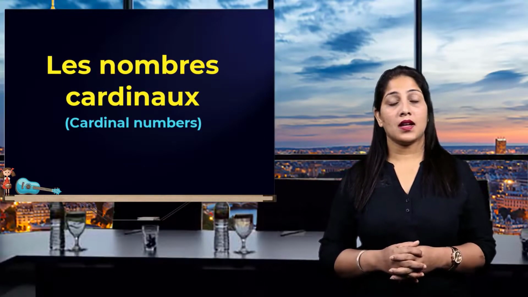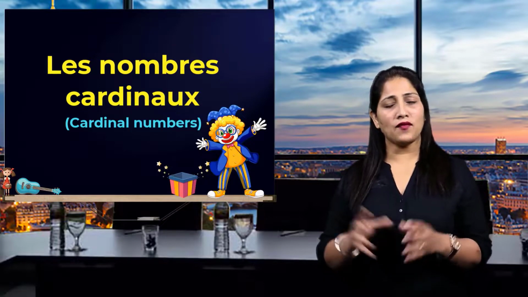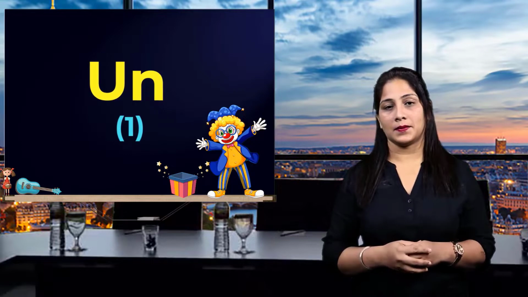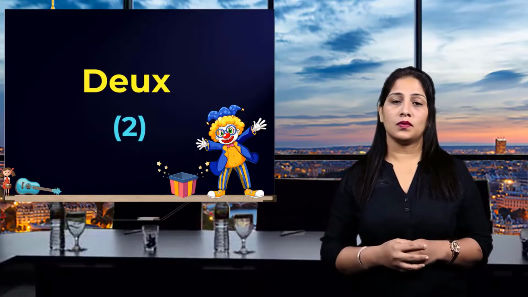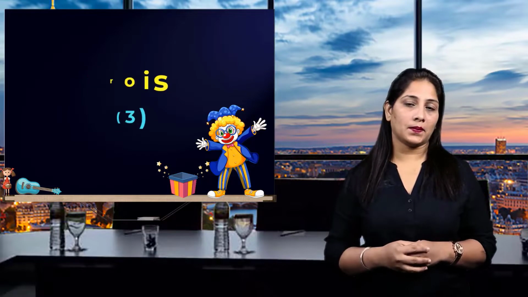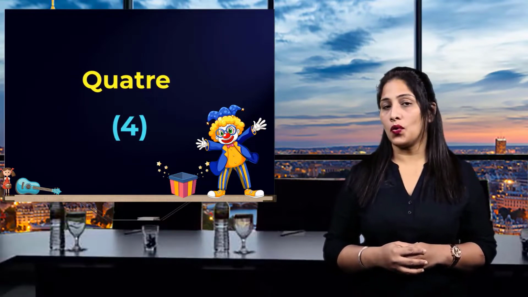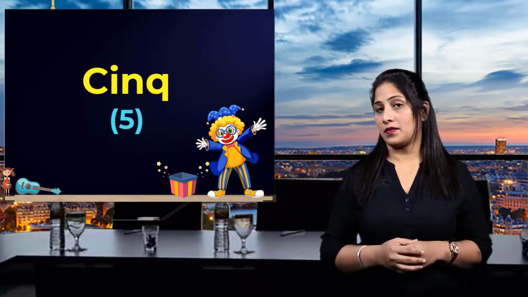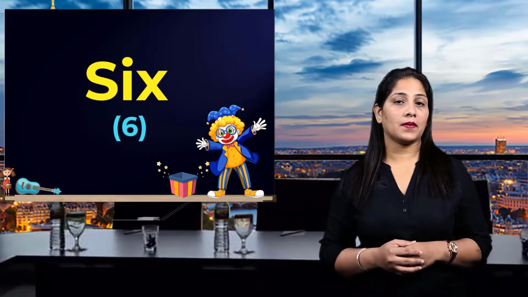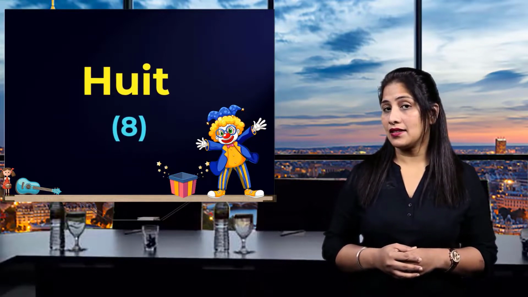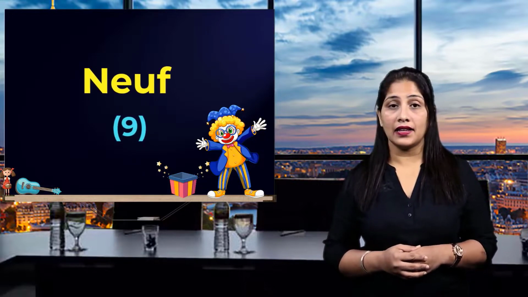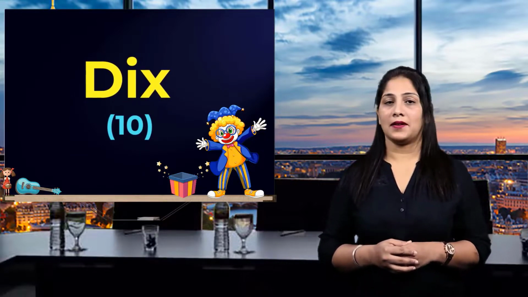Tournez la page now. Les nombres cardinaux. A beautiful picture of one joker and one box. The numbers are coming out from the box. So, quickly read it. 1, 2, 3, 4, 5, 6, 7, 8, 9, 10.